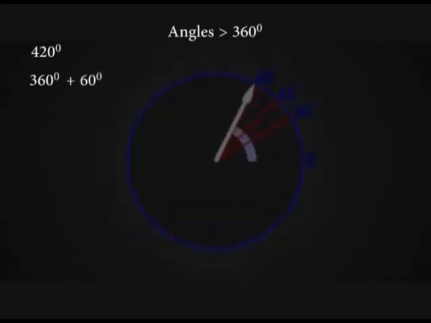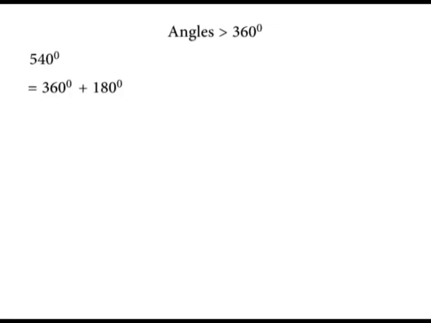That is, 420 is equal to 360 plus 60 degrees. 540 degrees is one turn of 360 degrees plus an additional 180 degrees. 800 degrees includes two complete rotations and then an additional 80 degrees. To find the ratio of angles greater than 360 degrees, we simply find the ratio of that additional angle.